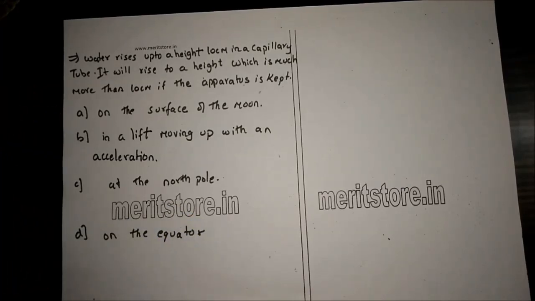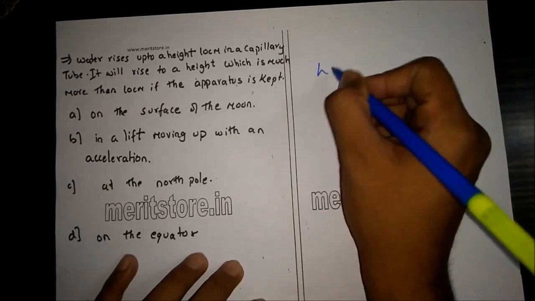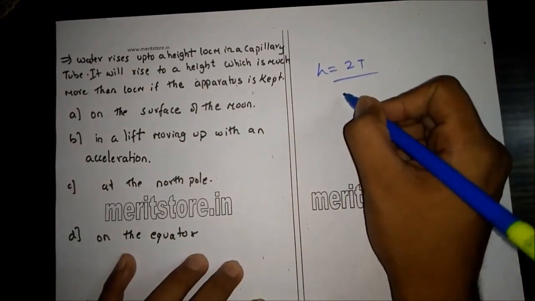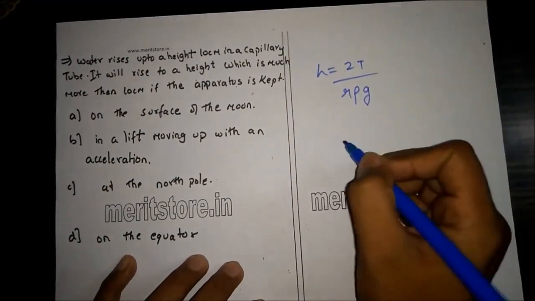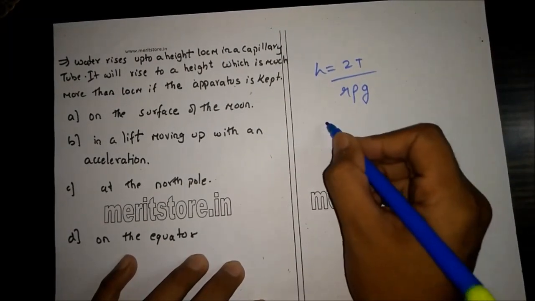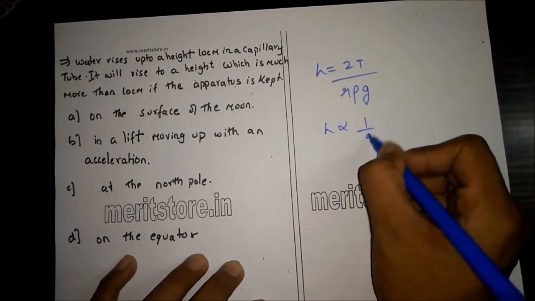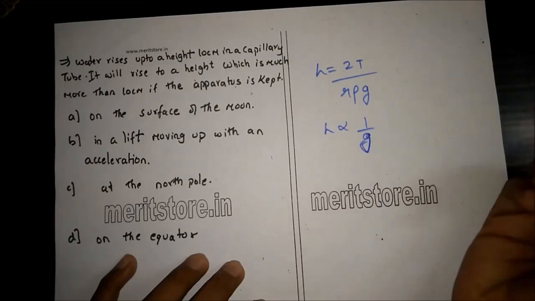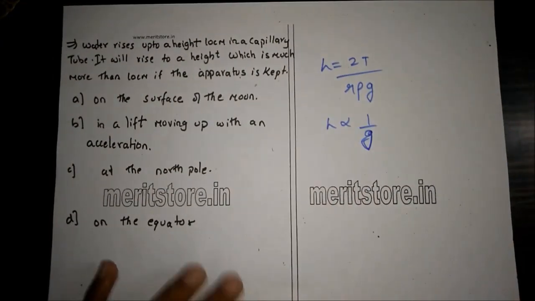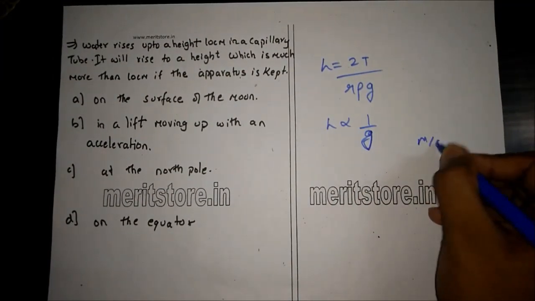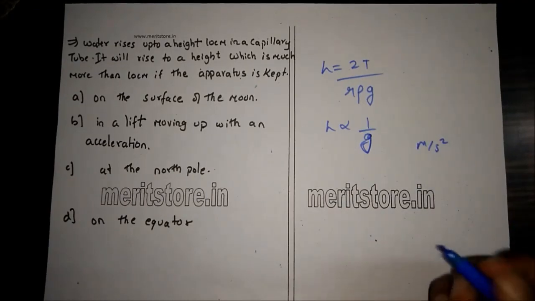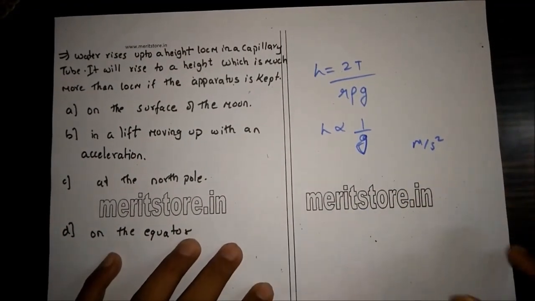Now the height up to which the water rises is given by the formula H is equal to 2T upon R into rho into G. So we can say that H is inversely proportional to G, where G is the gravitational acceleration, which is in meter per second square. Now we know that on the surface of the earth, G is always the same anywhere.